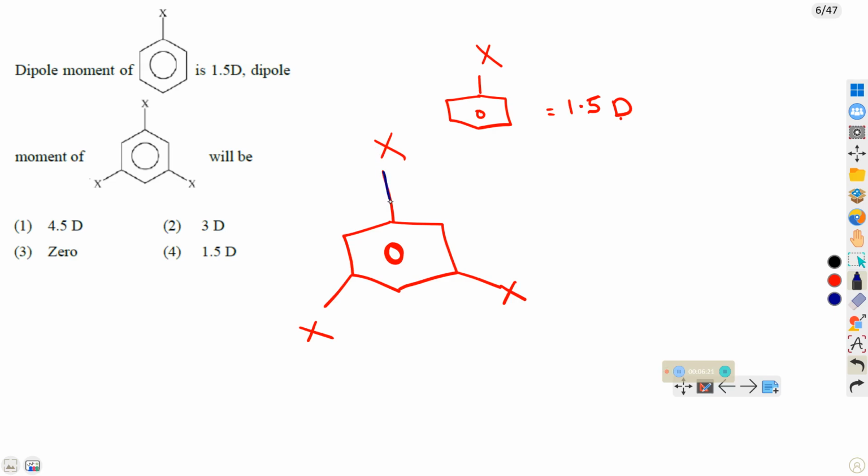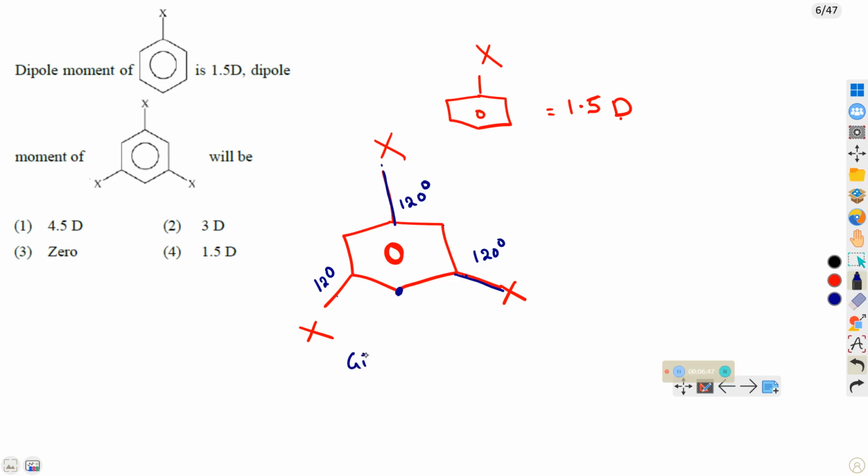Why? From this halogen to this halogen, the angle difference is 120 degrees. How? From here to here, the angle is 180 degrees. That means from here to here 60, here to here 120, here to here 180, like that. So from here to here also 120 degrees, and from here to here also the angle is 120 degrees.